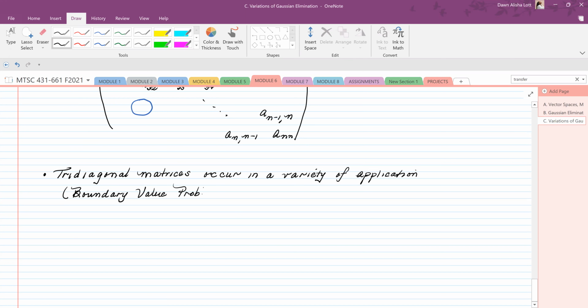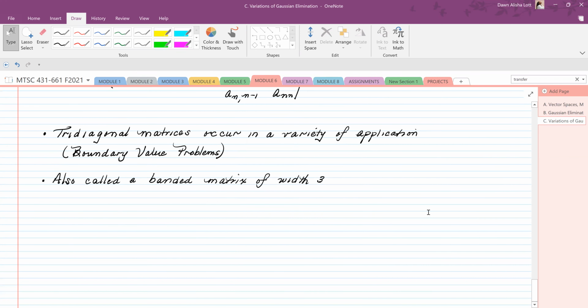And it's also called the banded matrix of width 3. Okay, so there are other banded matrices. You can have pentadiagonal matrices.